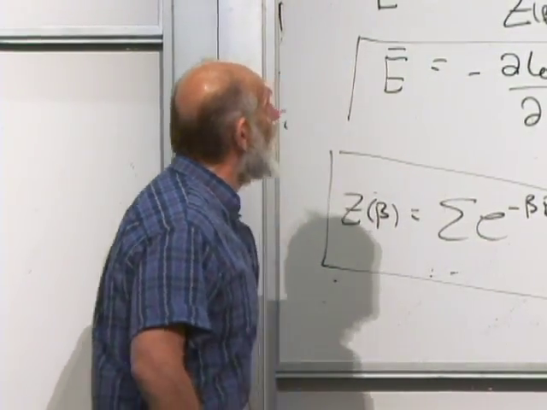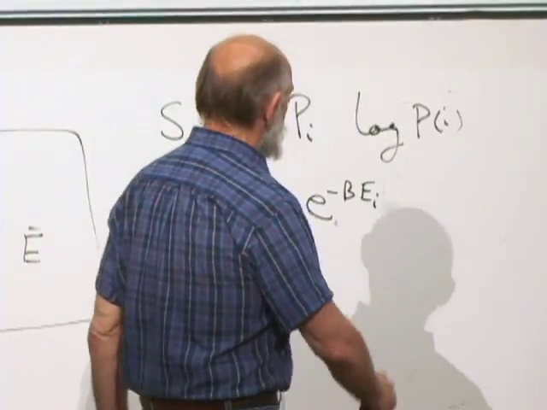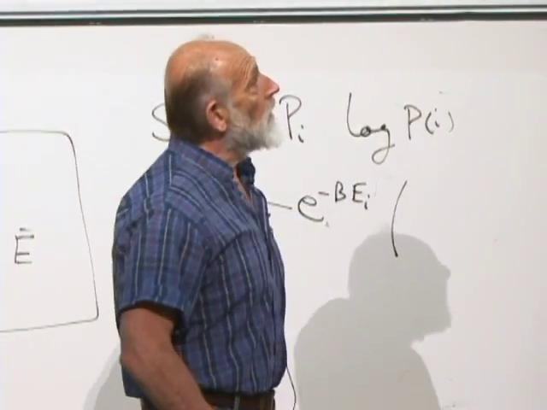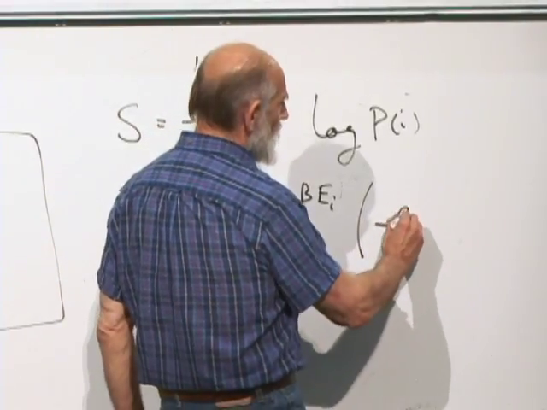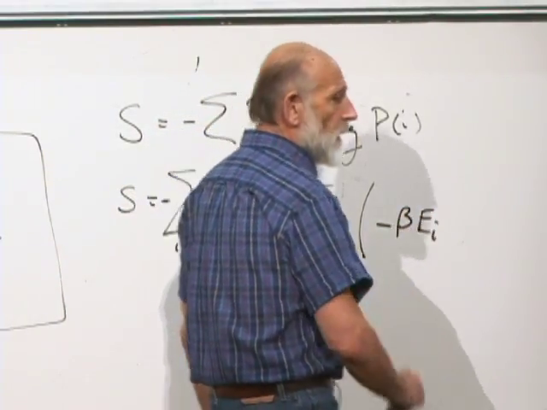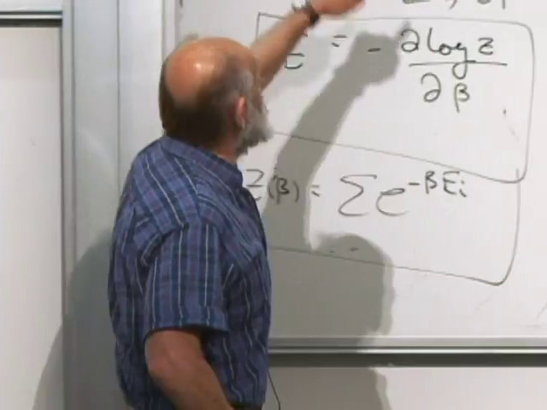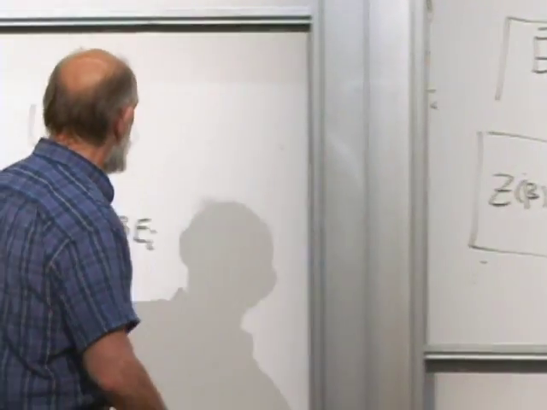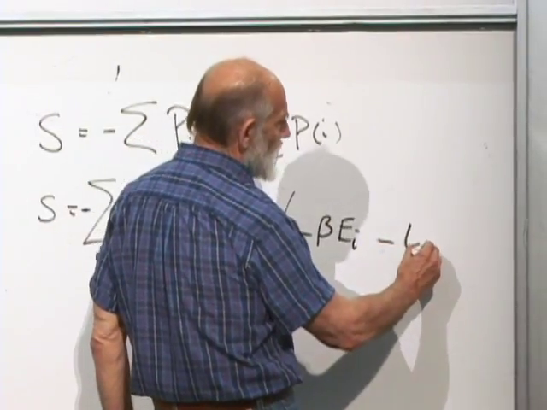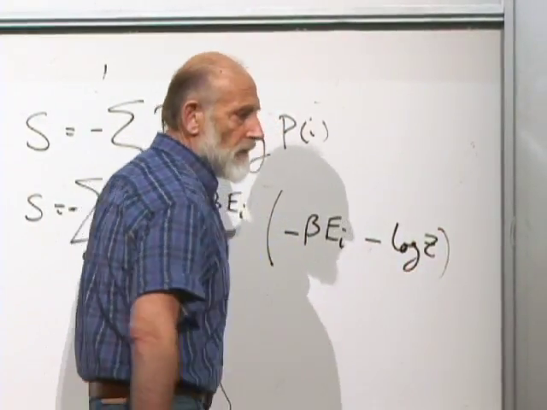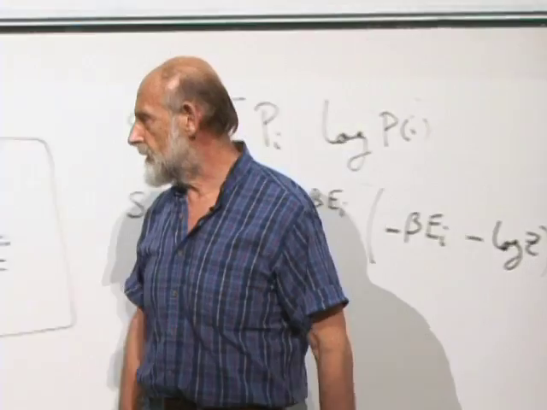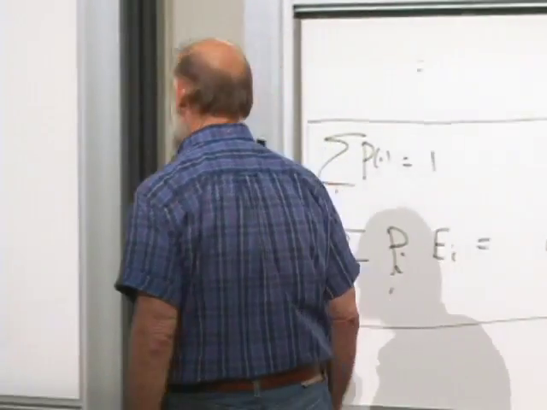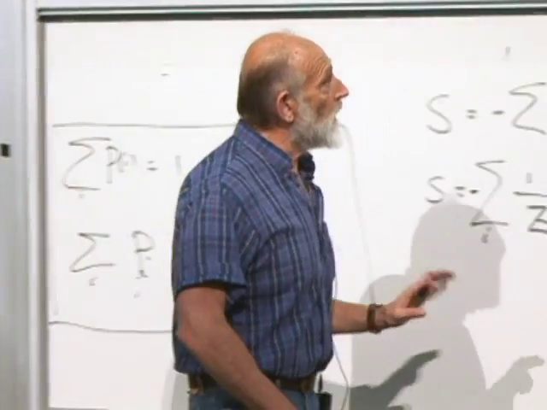The logarithm of that is minus beta E sub i, that's the logarithm of the second factor, the exponential, and then we have to subtract off log Z. Okay, does everybody see what I've done?